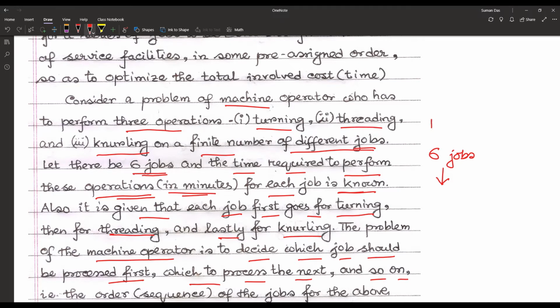Suppose the 6 jobs are 1, 2, 3, 4, 5 and 6. Which job must be first? Suppose the 5th job, then the 3rd job, then the 2nd job, then the 1st job, and then the 6th job.